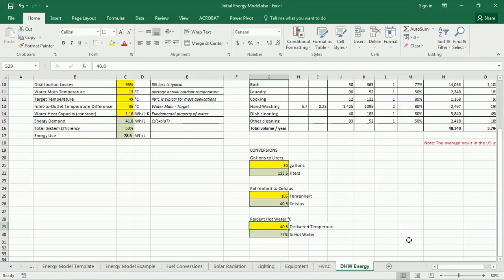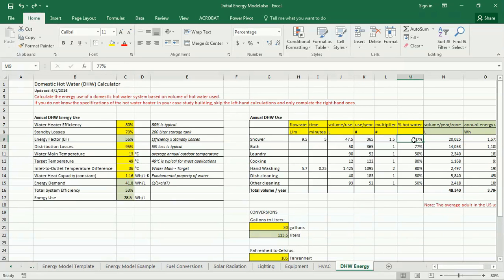In my case, I take a shower that's about 40 degrees centigrade, and that's quite common for showers, and that results in 77% hot water use. If you take cold or lukewarm showers, a 30-degree shower would be 47% hot water.